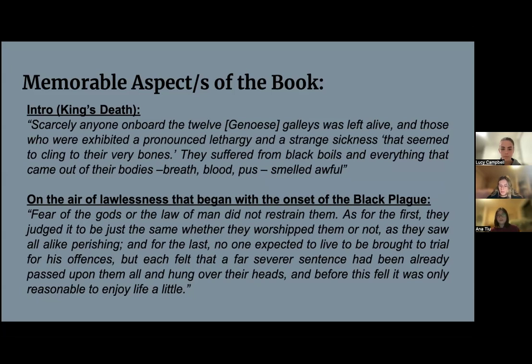And for the last, no one expected to live to be brought to trial for his offenses, but each felt that a far severer sentence had been already passed upon them all and hung over their heads, and before this fell, it was only reasonable to enjoy life a little. So, a kind of hedonistic approach to life that people started to live because there was desperation and they felt that there were no more consequences that could be worse than what they were feeling.